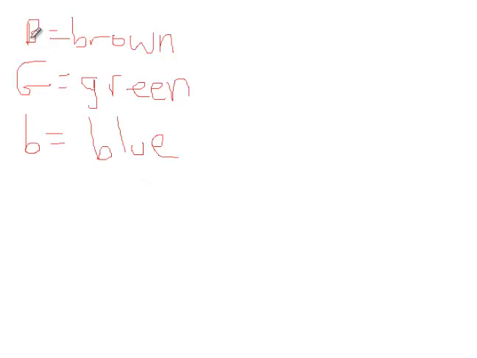Remember, B and G are both dominant because together they give you hazel, but either one of them is dominant over blue, which is recessive. So let's say you've got a father who is brown heterozygous and a mother who is green homozygous, in other words, 2 greens.